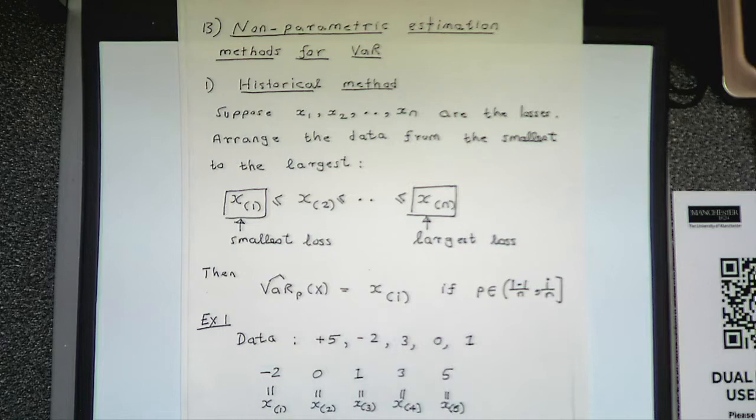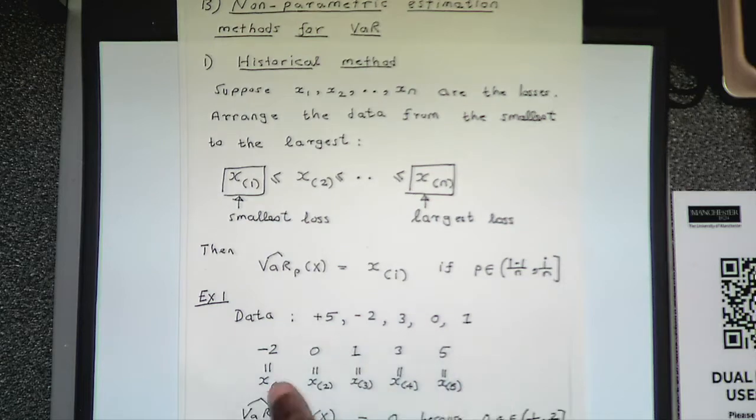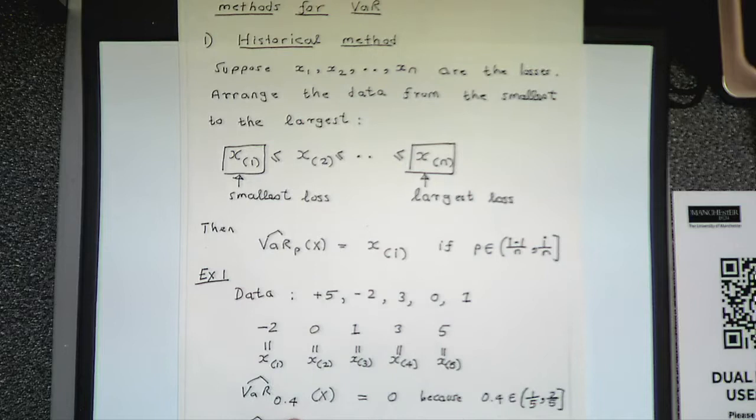So for example, if you had this data, you arrange it from the smallest to the largest, and suppose you want to find VaR at 0.4, so your P is 0.4. And 0.4 belongs to this interval, so your i is 2, and the second smallest data point is 0. So the VaR is equal to 0.